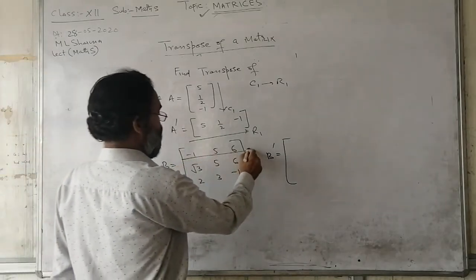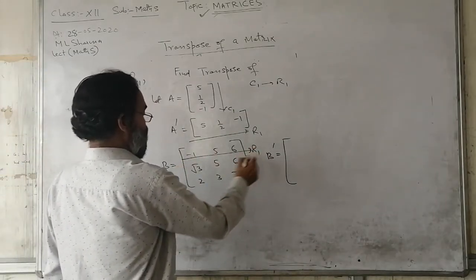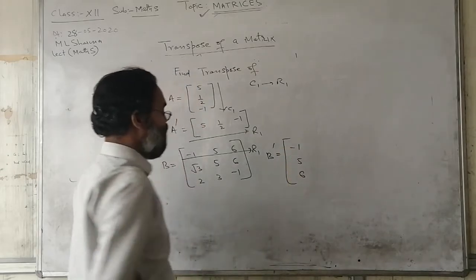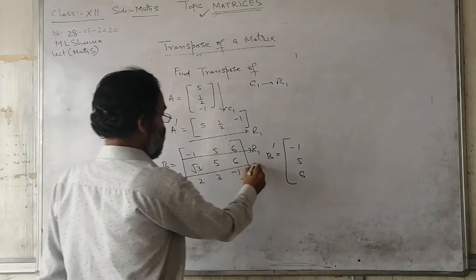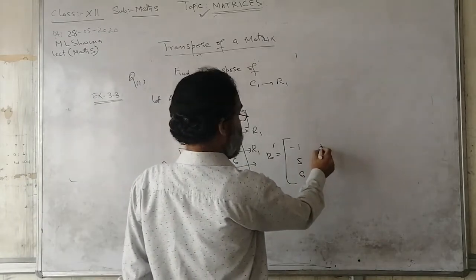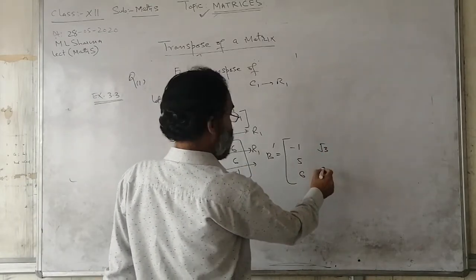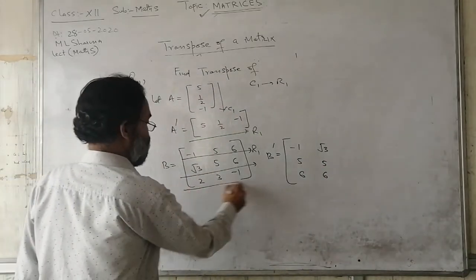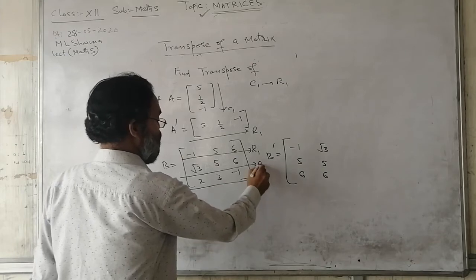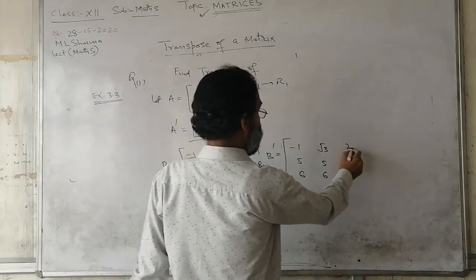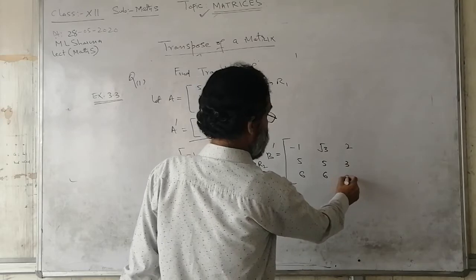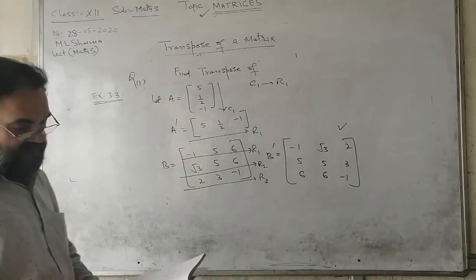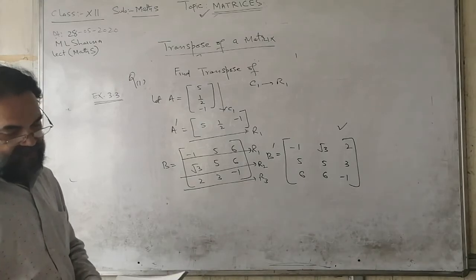So this first row is to be changed as the first column, then the second row is to be changed into the second column, and the third row into the third column. In this way, the transpose of a matrix can be found out.